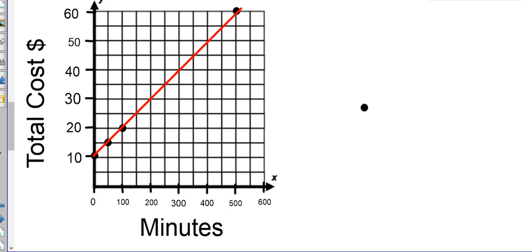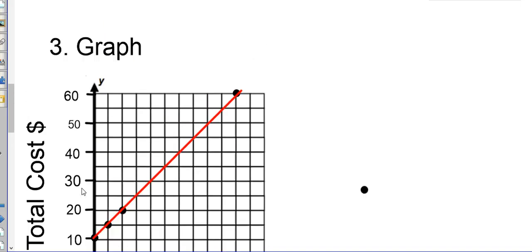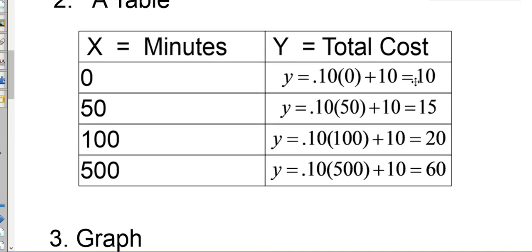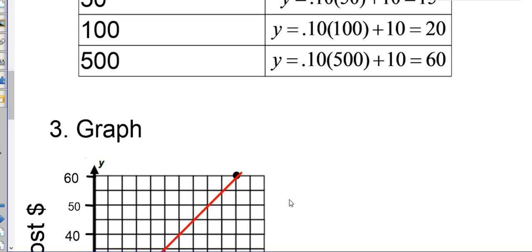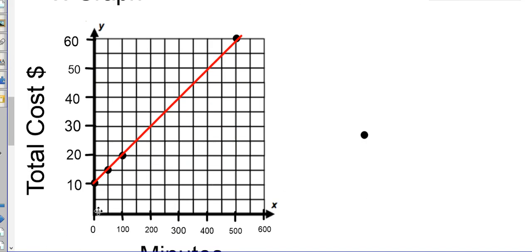The y numbers, the total cost, I can see again looking at the table, the cost goes from $10 up to $60. So it started at 0 and I spread it out like this. That covered actually the whole length of that vertical axis there, going by $5: 5, 10, 15, 20, 25, 30.